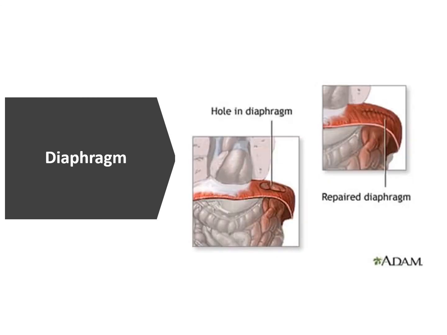And lastly, we made it out of the 30,000 series. Under diaphragm, page 299, we have a code family of repair. And here you have repair of different hernias of the diaphragm. And they're divided. Some of them are for neonates.